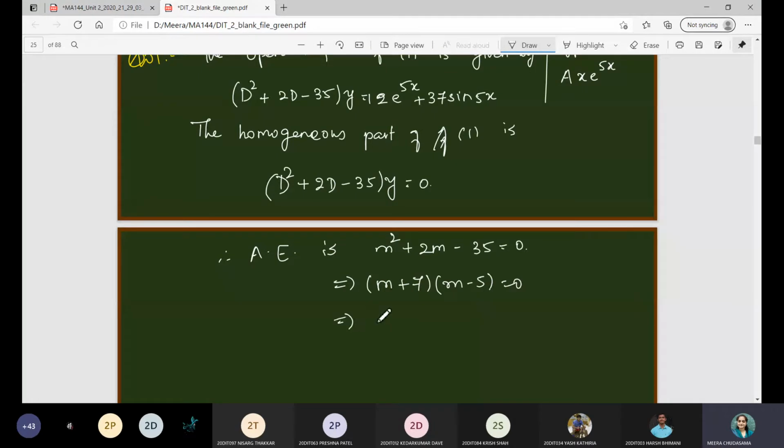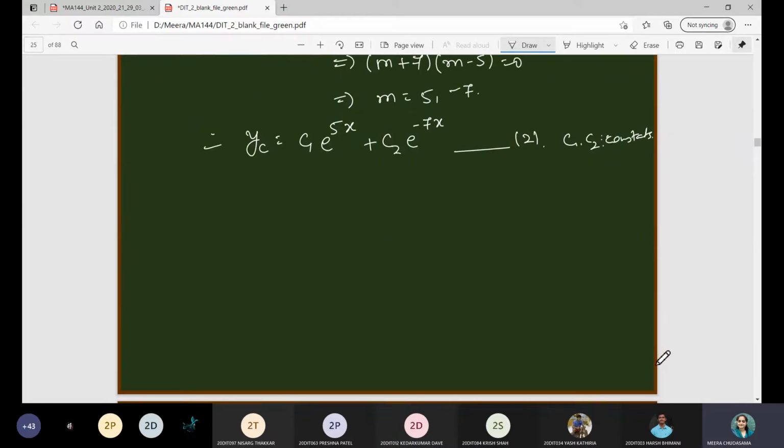That will give you two different roots, which are 5 and minus 7. Therefore, yc, the complementary function, is c1 e raised to 5x plus c2 e raised to minus 7x. So this is equation number 2, where C1 and C2 are constants.